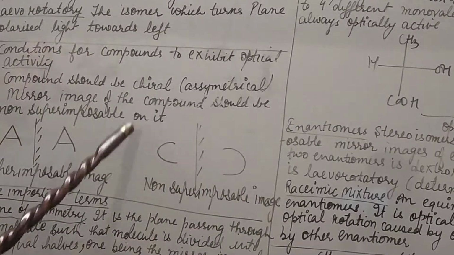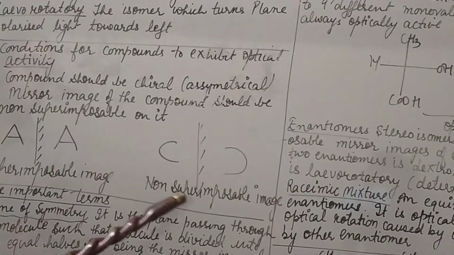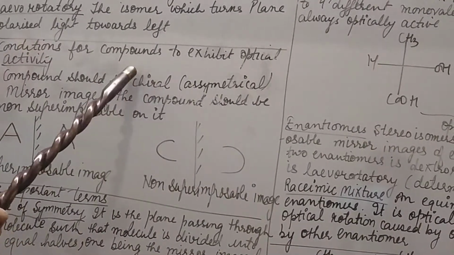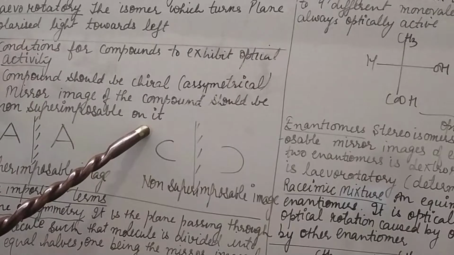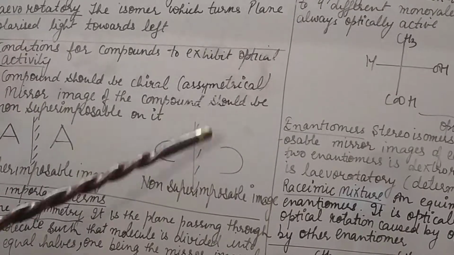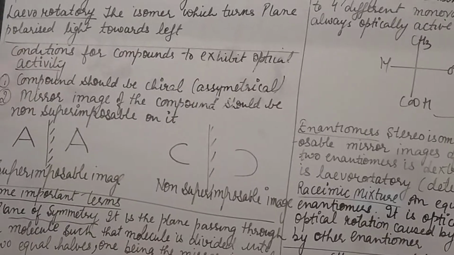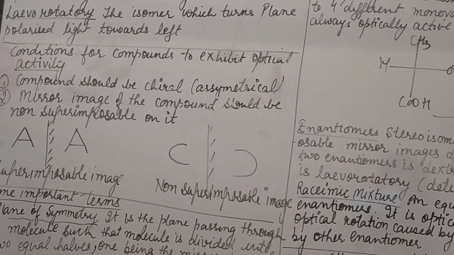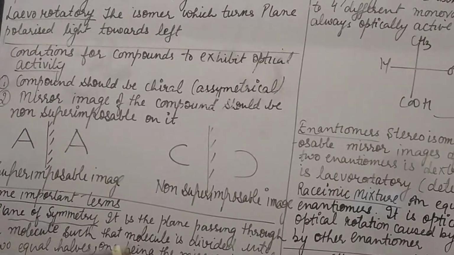So the molecules which are non-superimposable on the mirror image are called chiral molecules. If condition 1 is fulfilled, condition 2 will be automatically fulfilled, and if condition 2 is fulfilled, condition 1 is automatically fulfilled. These are basically interdependent.